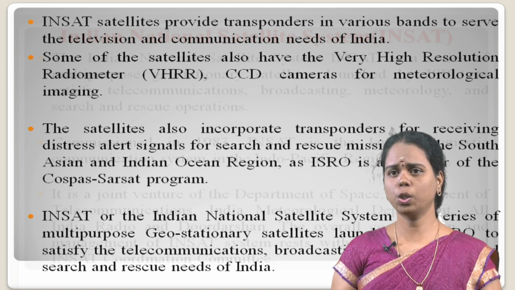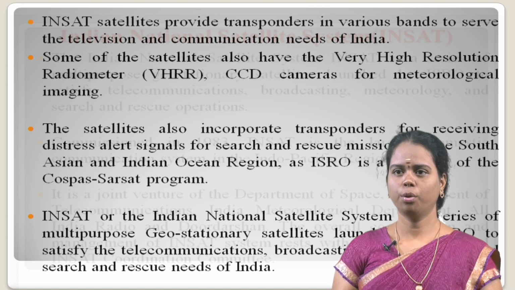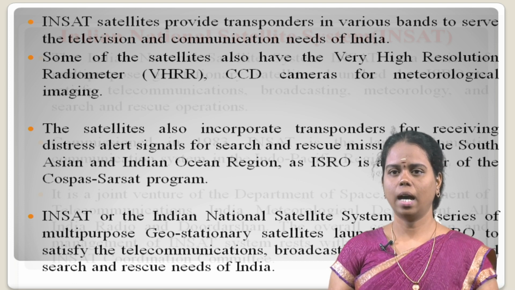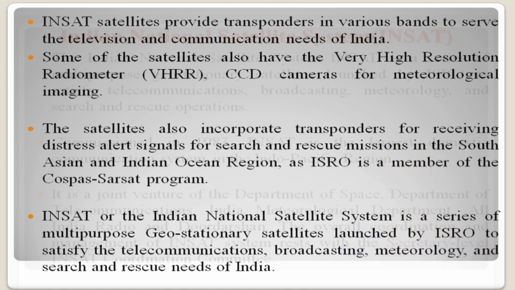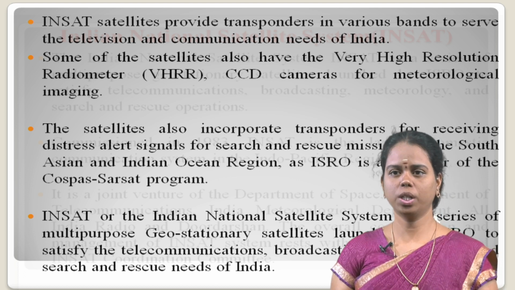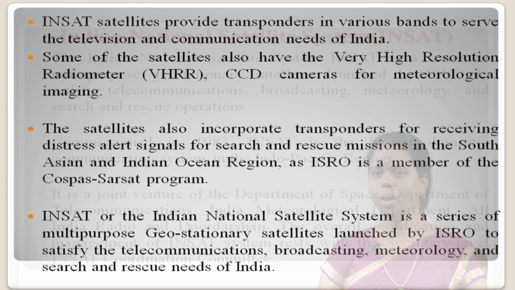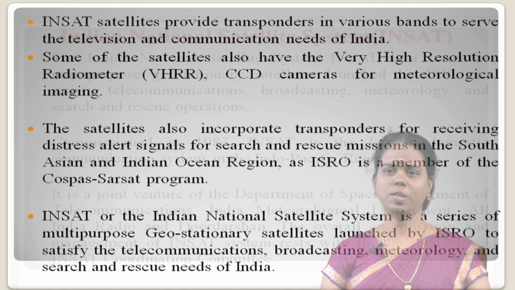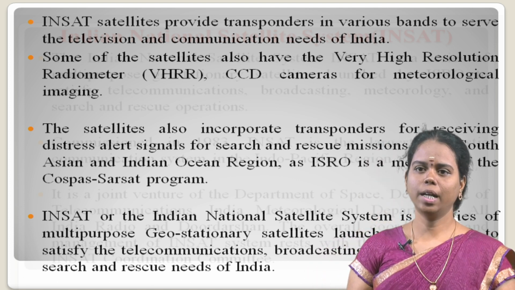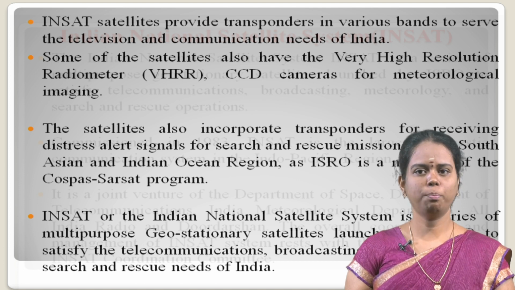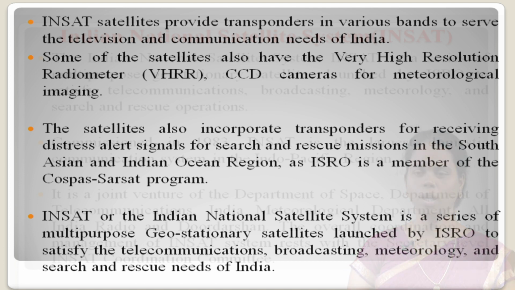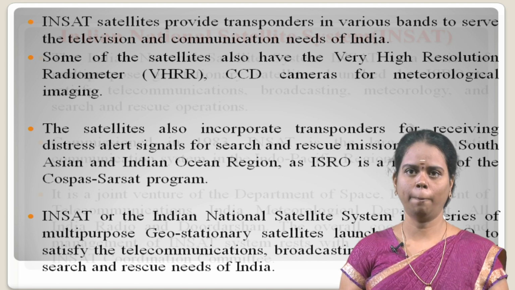The satellites also incorporate transponders for receiving distress alert signals from search and rescue missions in the South Asian and Indian Ocean region, as ISRO is a member of the COSPAS-SARSAT program. The INSAT system is a series of multi-purpose geostationary satellites launched by ISRO to satisfy the telecommunication, broadcasting, meteorology and search and rescue needs of India.